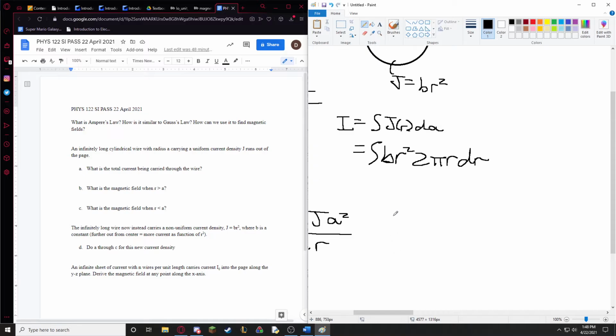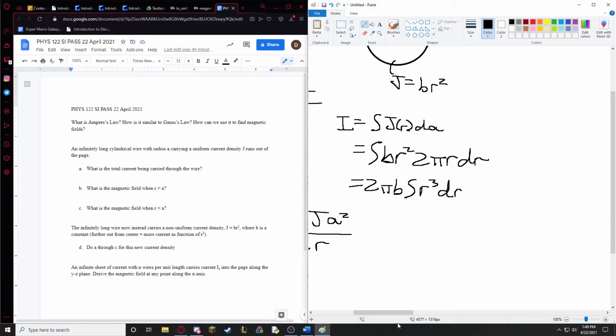We can take our constants out. We have 2 pi B times the integral of r cubed dr. You guys know how to solve that, right? What's the integral of r cubed?